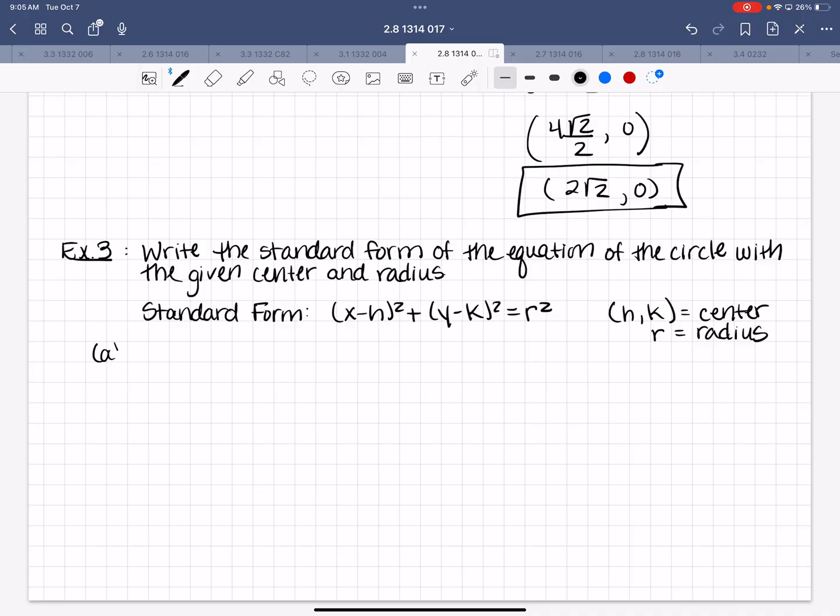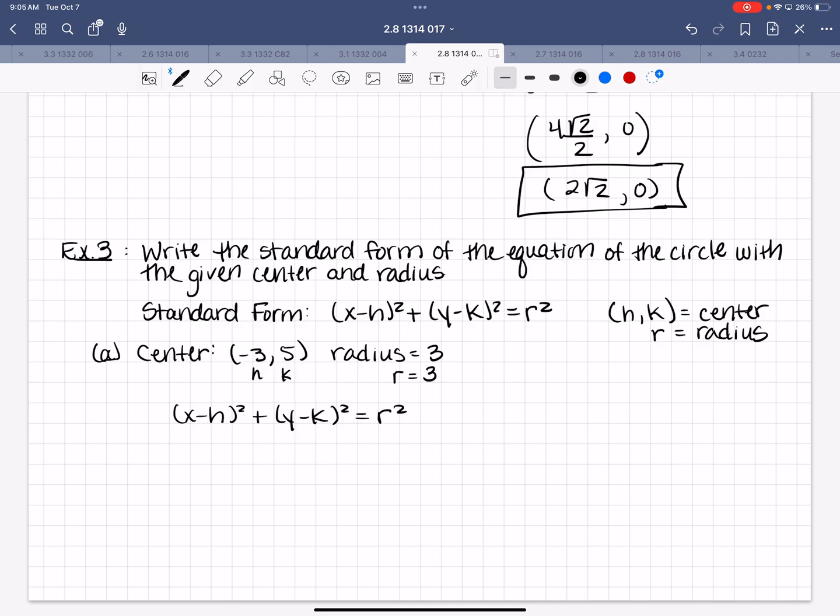Question A gives a center of negative 3, 5 with a radius of 3. All they want you to do is write it in standard form. This is a pretty nice one. If the center is negative 3, 5, I know that's h, k. If I have a radius of 3, that's my r equals 3. So all I have to do is plug it into the standard form and clean it up a little.